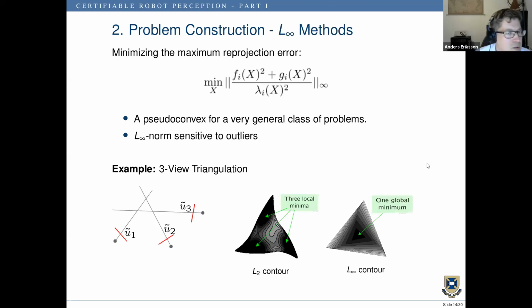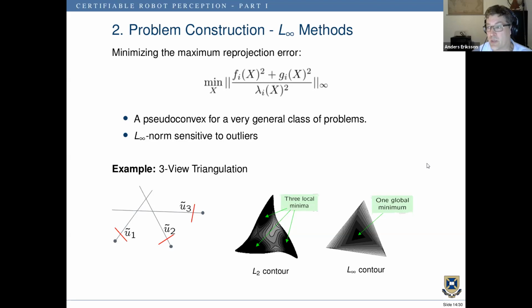An example of this, perhaps the most well-known example, at least from the computer vision community, is that of the L infinity or the max norm methods. The idea here is that if you want to solve certain problems in multi-view geometry, it turns out, and this has been shown, that if you choose the norm on the residuals carefully, the problem is in fact solvable globally.